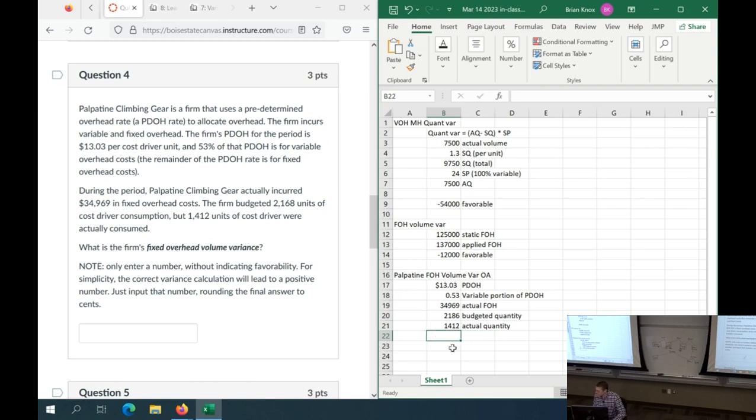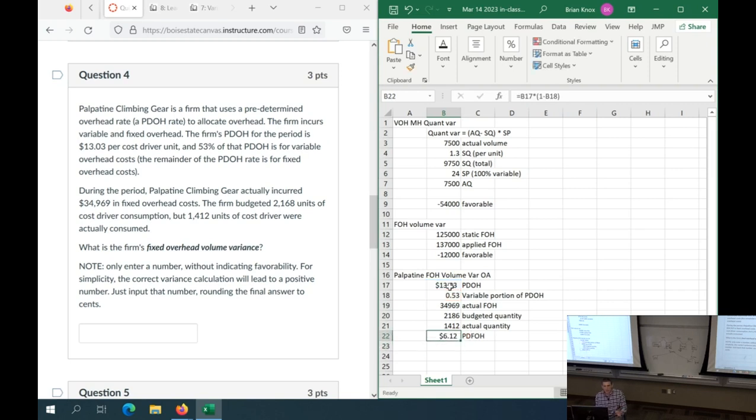What is the volume variance? All right, so first of all, let's figure out the PDFOH, as it's called in the textbook. That's our overall overhead rate, $13.03, times the portion that's due to fixed overhead, which is 1 minus this 53%. So inside the parentheses would be 47%. 13.03 times 47% is $6.12.